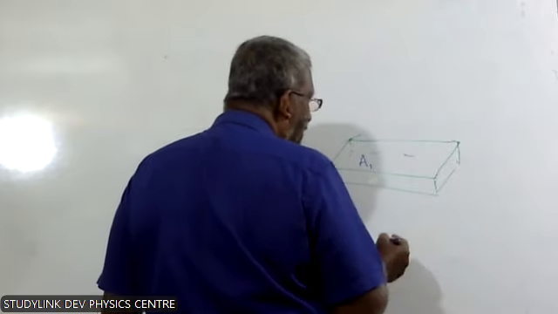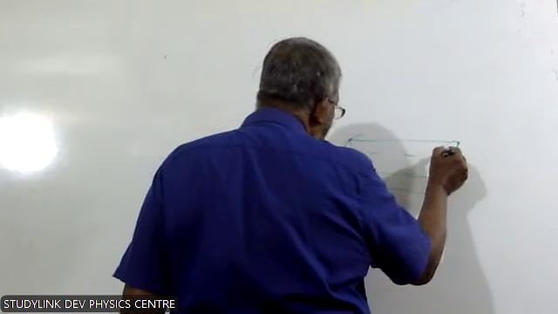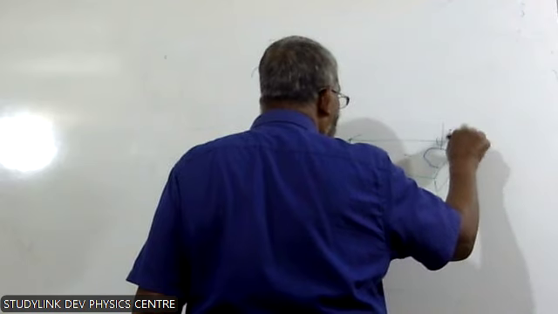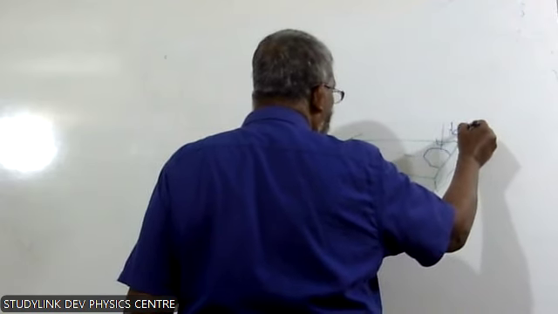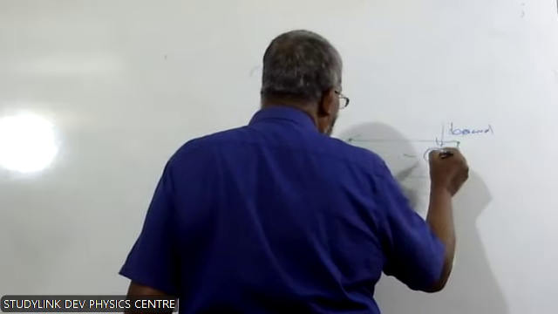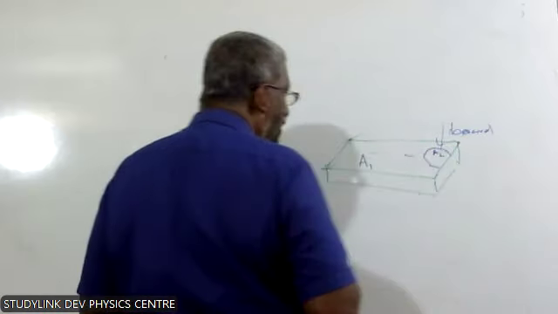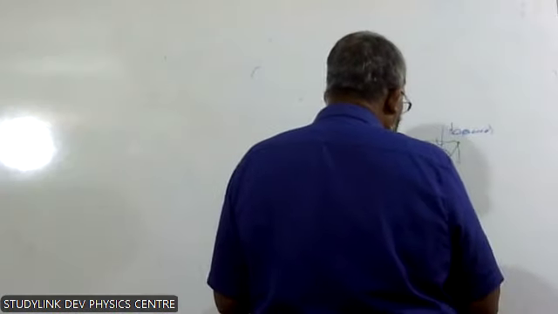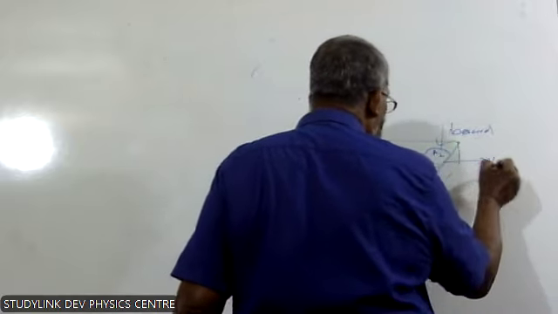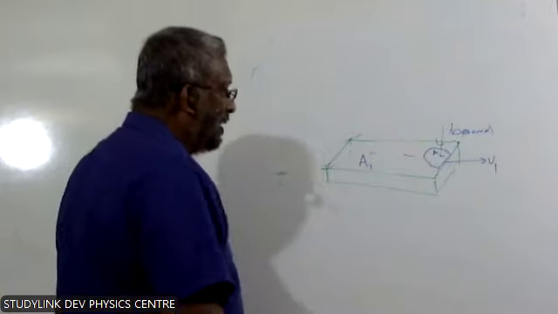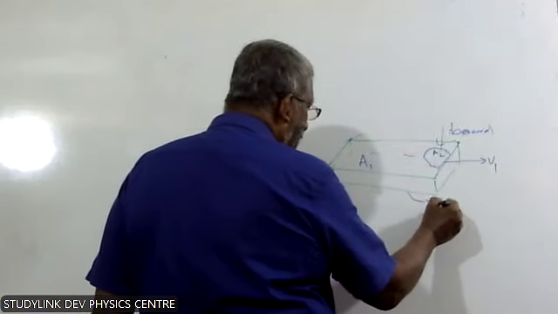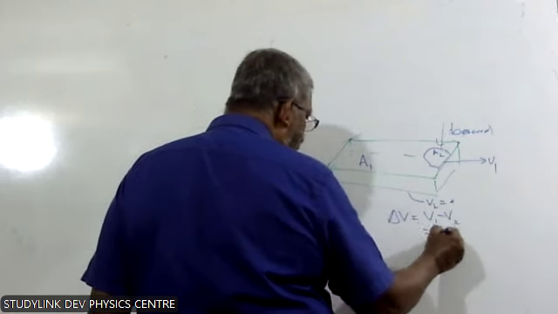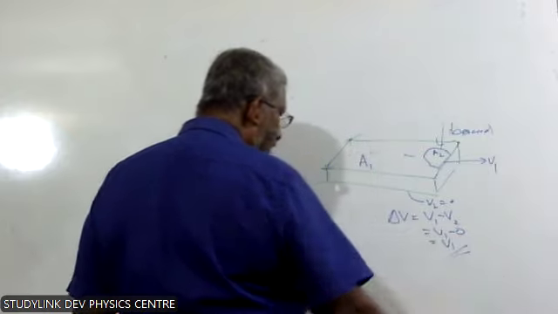Now you keep a board here. It can be any shape, maybe rectangular or circular. That area is A2. And this is being pulled in any direction we can consider. We'll say this is pulled in this direction with V1. Here V2 is 0 because it is on the surface. Then delta V is equal to V1 minus V2, V1 minus 0, that is V1.